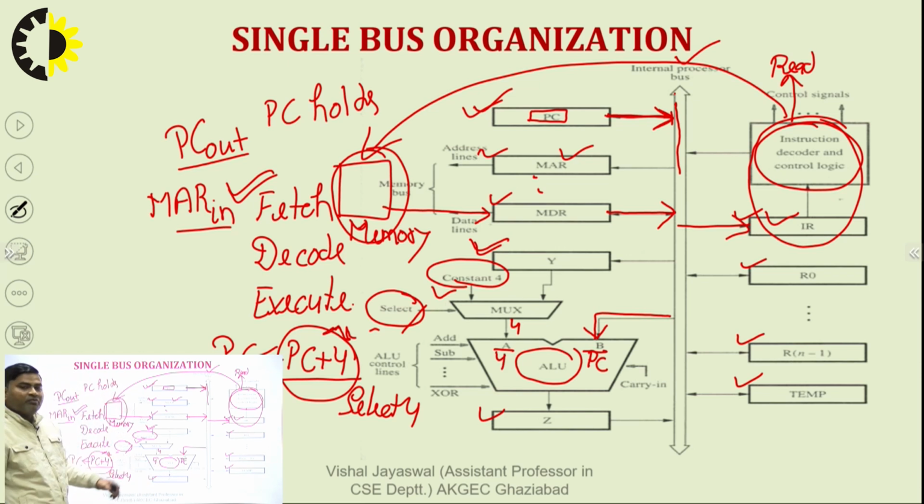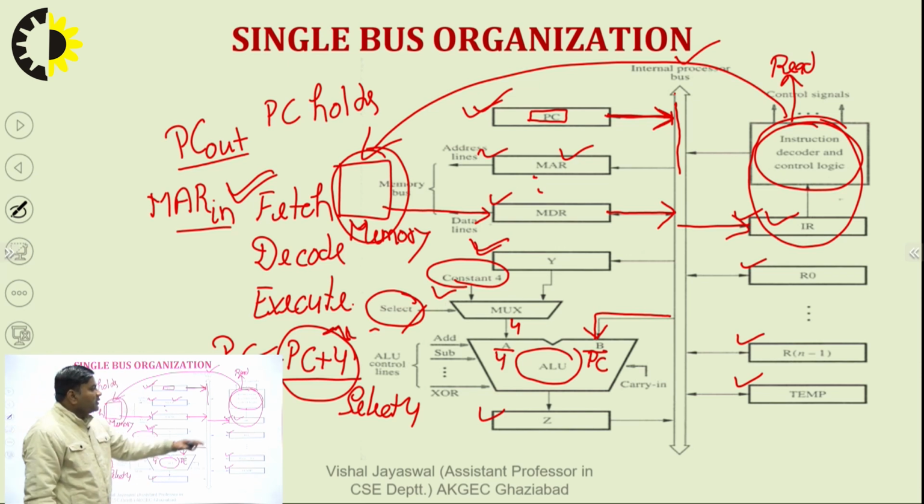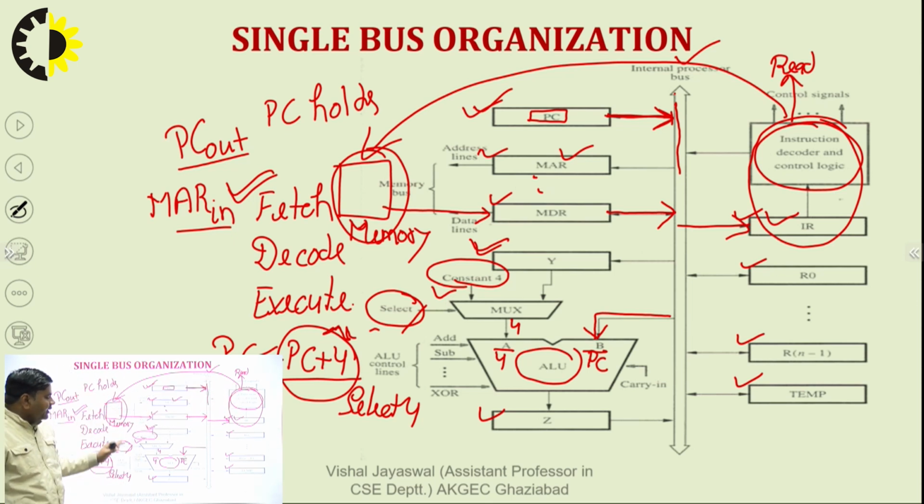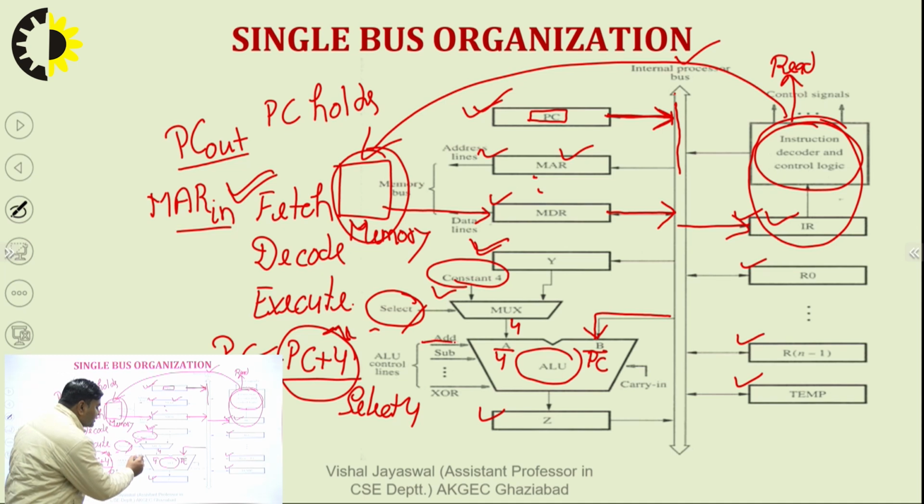Then we have to perform the add operation. The control unit issues the add control signal to the ALU. So one operand is PC and the other operand is 4, and the control signal is add. It means PC plus 4 is performed and stored in the Z register.